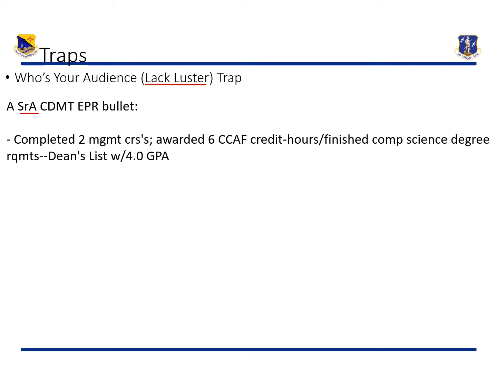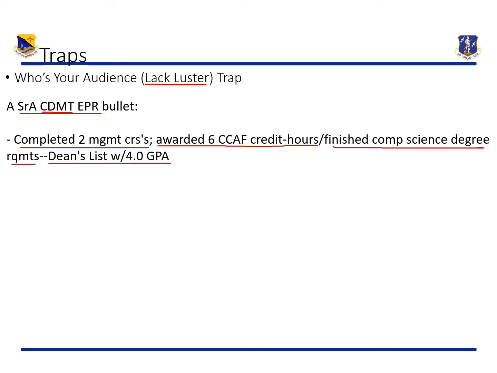So this is a senior airman, CDMT, which is a computer display maintenance technician. And so it says here that he completed 2 management courses and then he was awarded 6 CCAF credit hours, finished comp science degree requirements, Dean's List with 4.0 GPA.